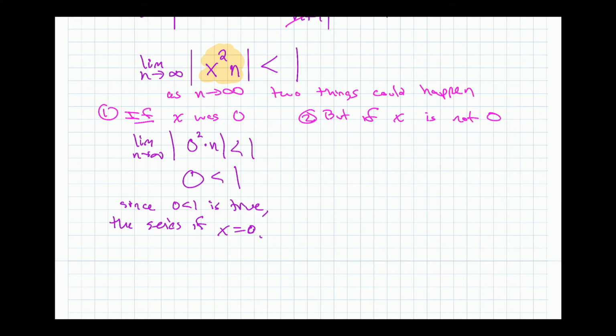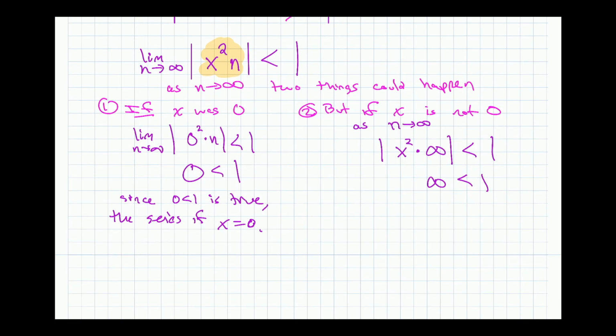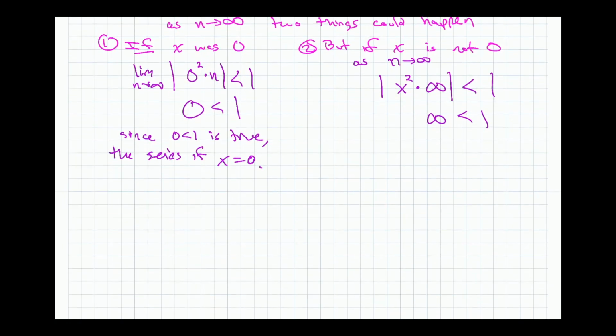So as n goes to infinity, what you get is absolute value of x squared times infinity less than 1, which is infinity less than 1. Well, that's not true. Since that is not true, that is false, right? That is not a true statement.